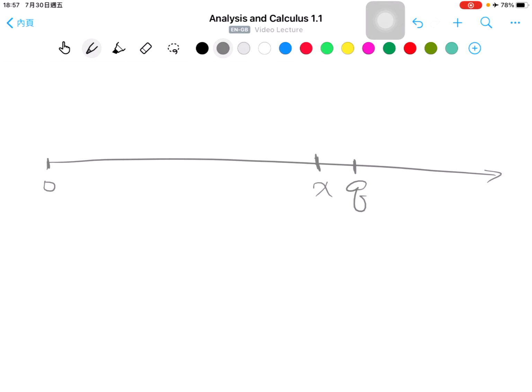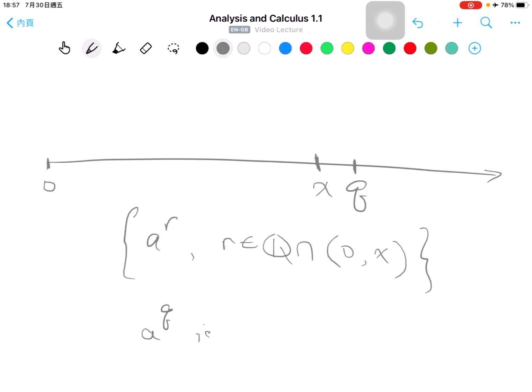Then a to the q is an upper bound of a to the r, where r belongs to the rational numbers in the range from 0 to x. There's going to be an upper bound.